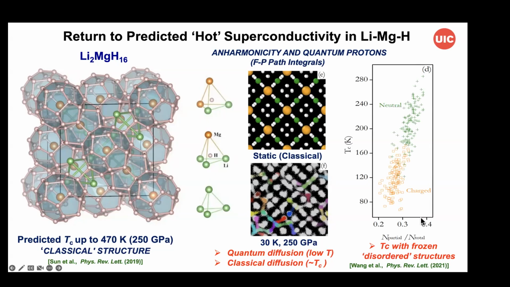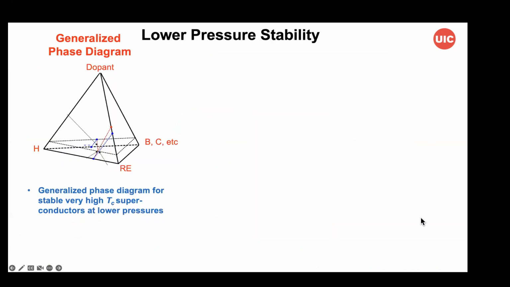So a range of TCs, and this just points out the need to go beyond the conventional theory and take into account at a fundamental level the nature of both the anharmonicity and the quantum effects in the system when calculating TC.